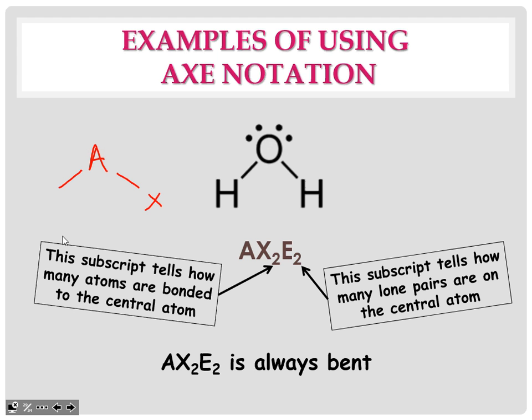So when I do that, I'm going to see that it says A, X, X, E, E. See where I'm at? Now, all I need to do, once again, is substitute in. I know that my A is oxygen, and the X is hydrogen.